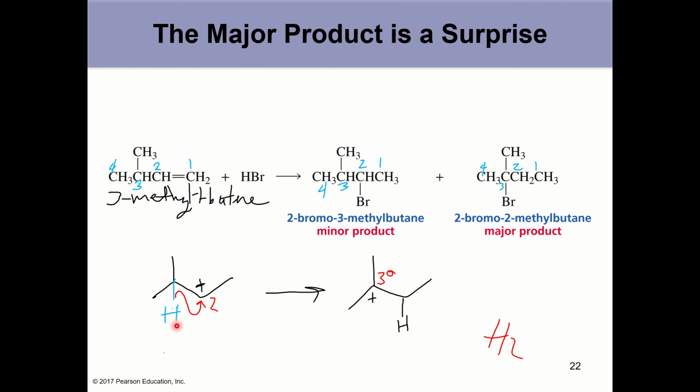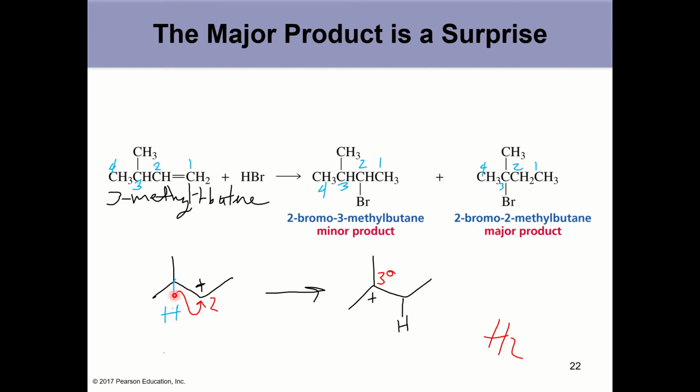But secondary carbocations are not as stable as tertiary carbocations. And it turns out that if there is a hydride or a hydrogen bond to the adjacent carbon that is more substituted, that is a tertiary carbon or a quaternary carbon, then we can have a shift. This is a tertiary carbon.